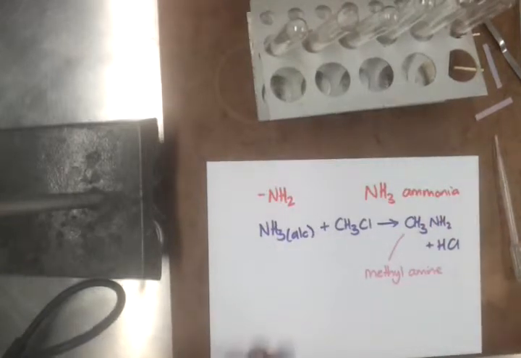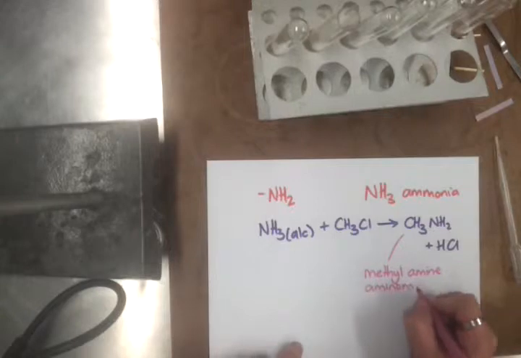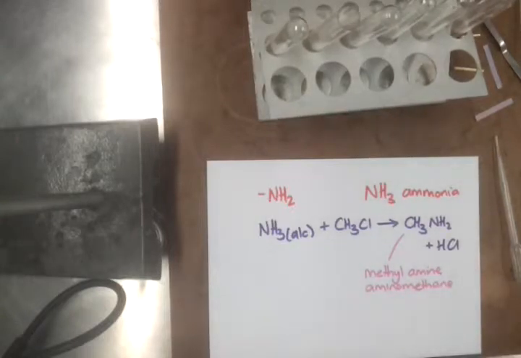There's another way that you can name it though. You can call it aminomethane. So there's two possible ways to name these. When the carbon chains get a bit longer, then you have to actually be careful how you do name them.